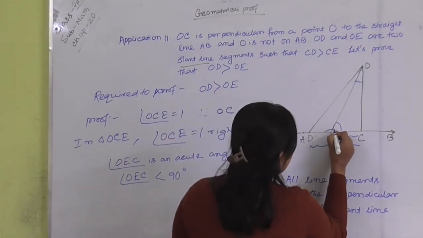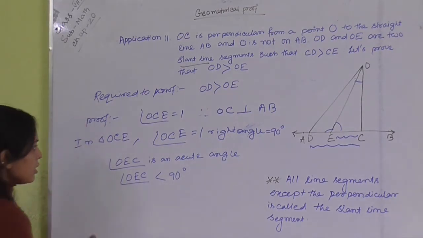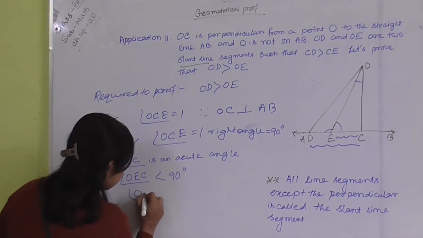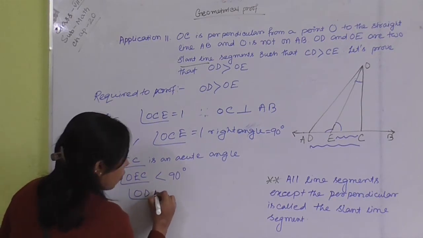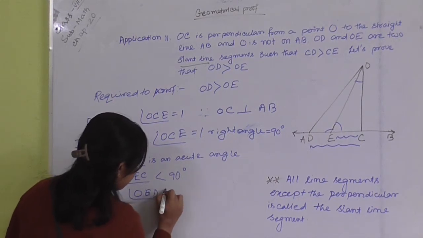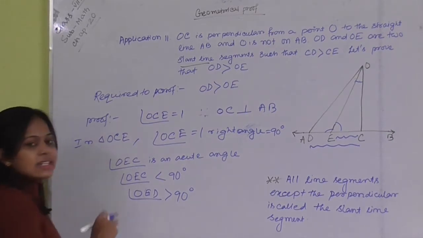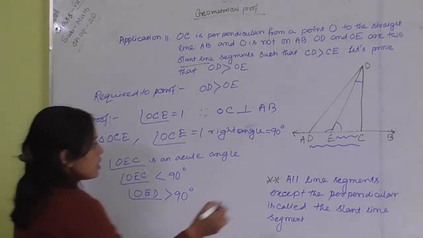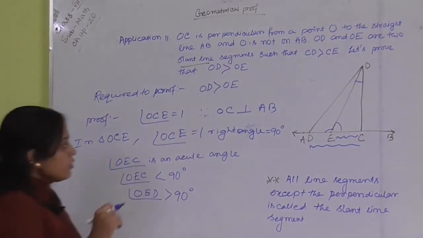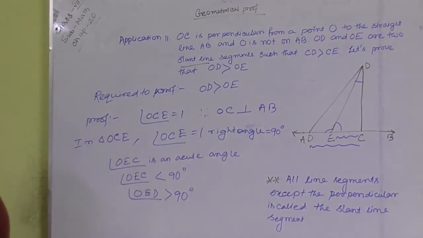Since this angle and this angle are adjacent to each other, we can write angle OED is greater than 90 degrees. That means OED is an obtuse angle, because if one of two adjacent angles is acute, then the other angle must be obtuse.